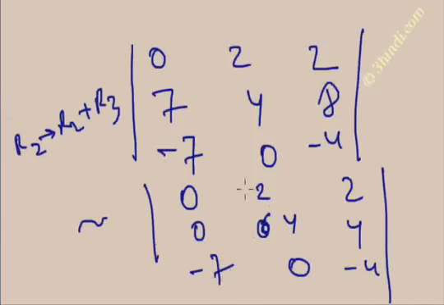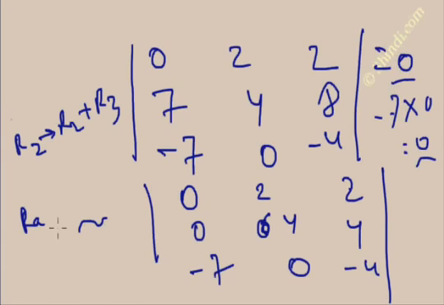So minus 7 into the determinant of 2, 4: 2 into 4 is 8, so minus 7 into 0, so it will be 0. So the determinant value is 0. This means rank is not equal to 3. It should be less than 3.